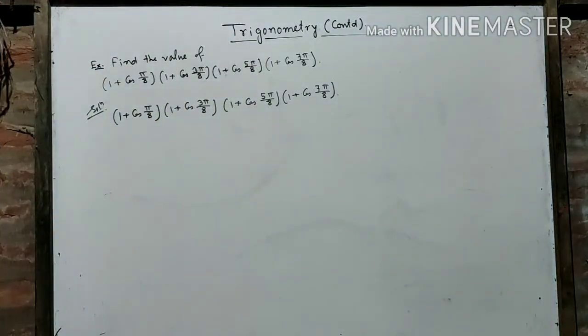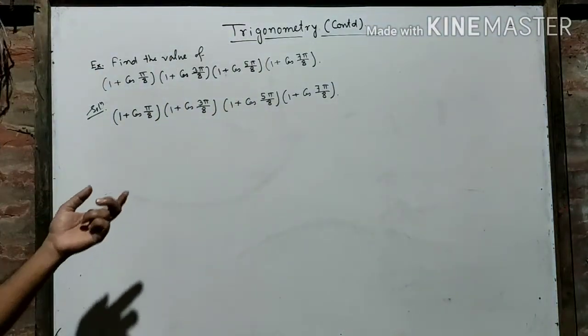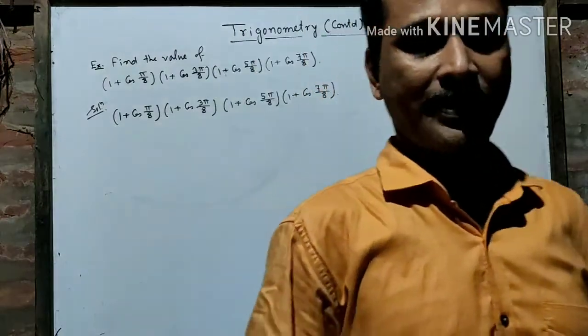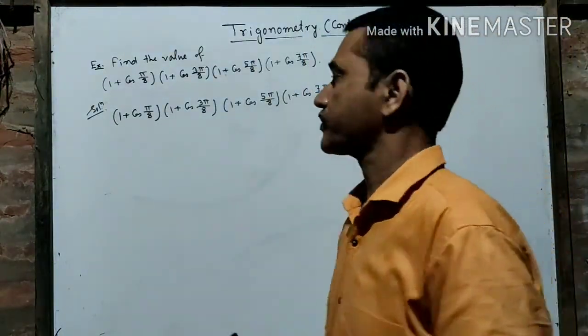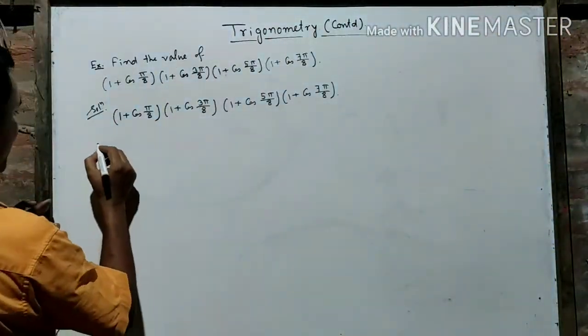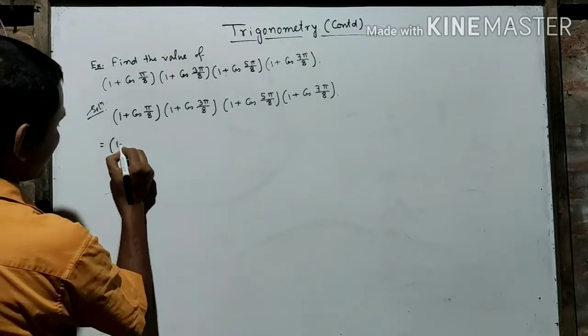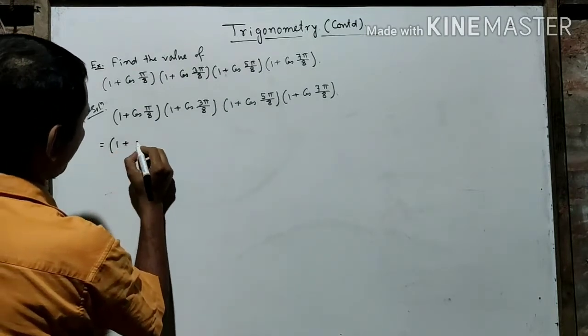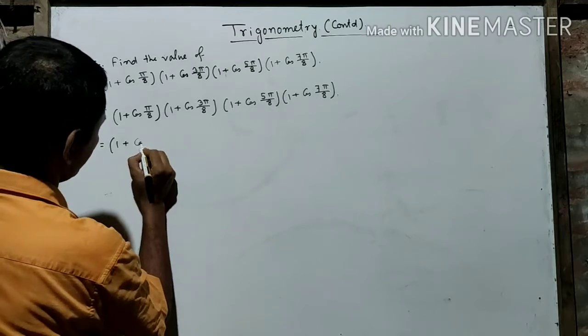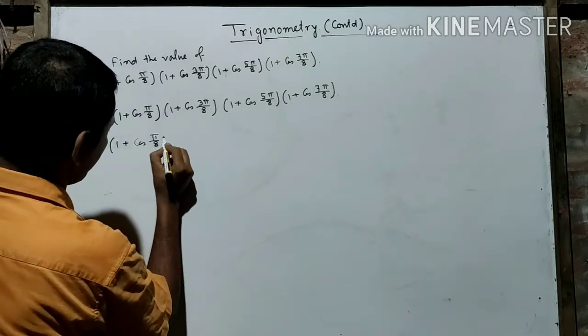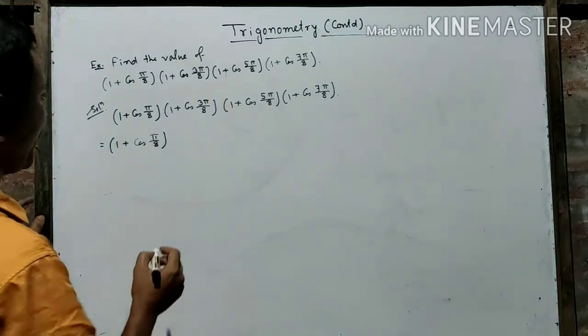We will try to reduce all the angles, 3 pi by 8, 5 pi by 8, 7 pi by 8, to pi by 8. How? With the help of STC. STC must involve pi by 2 or a multiple of pi by 2. You see here it is cos pi by 8. Let's leave it as pi by 8.